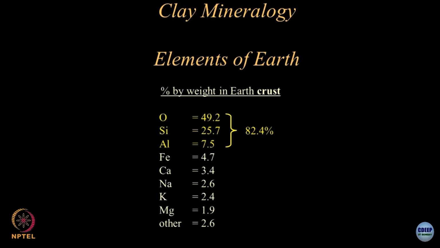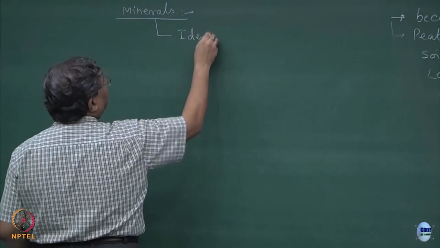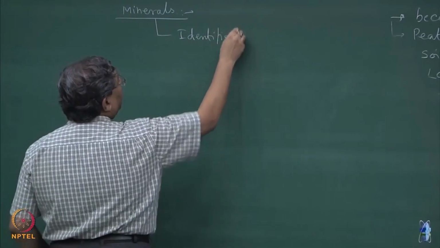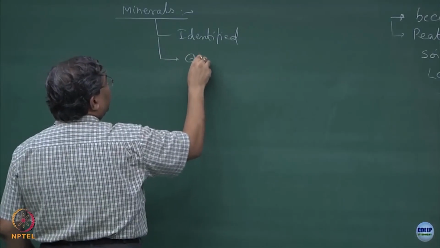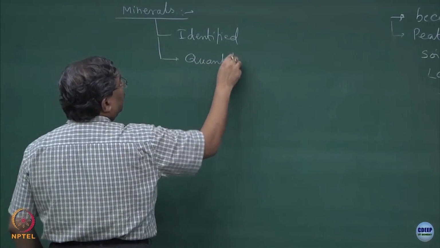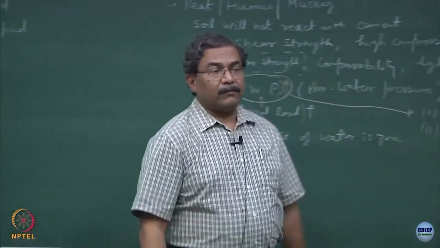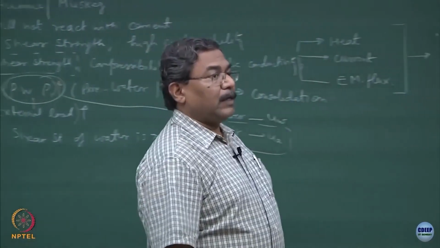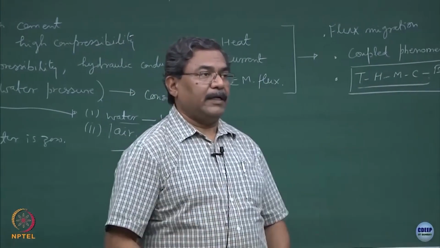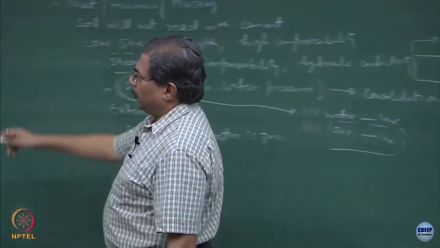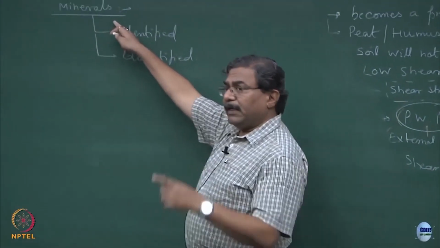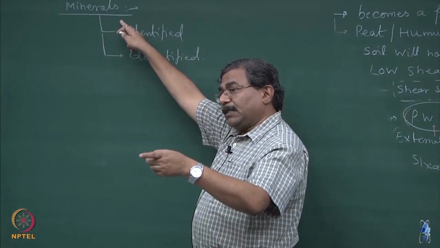See, the first thing is that minerals are to be identified and later on they have to be quantified. The characteristics of the soil would largely depend upon the type of minerals it has, and I hope you can realize that most of the minerals could be a genetic link between the soils and the rocks.